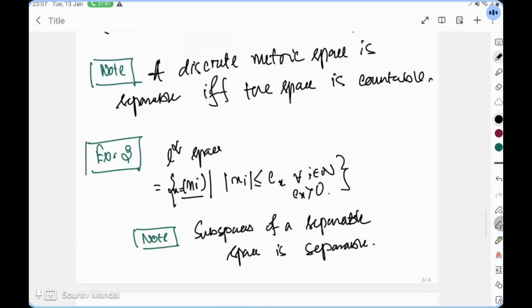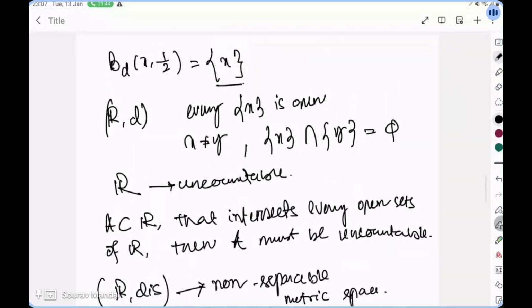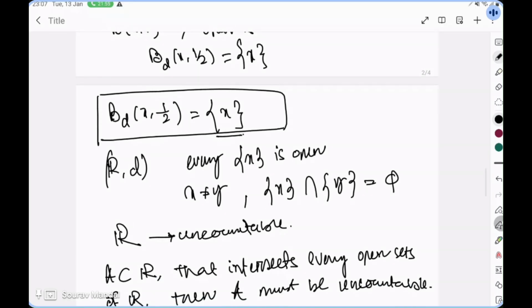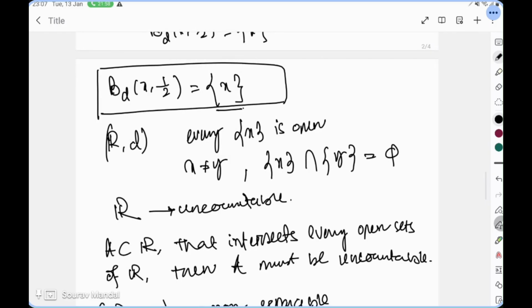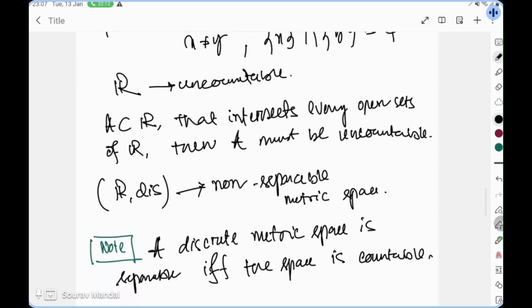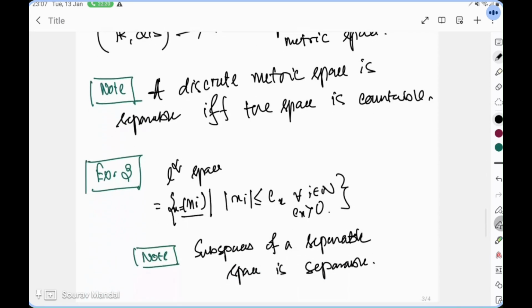In the previous example, what was the method? First, we considered open sets. The number of open sets is uncountable and they are mutually disjoint. So if some set intersects every open set, that means it has to be an uncountable set. So we will use the same trick here.